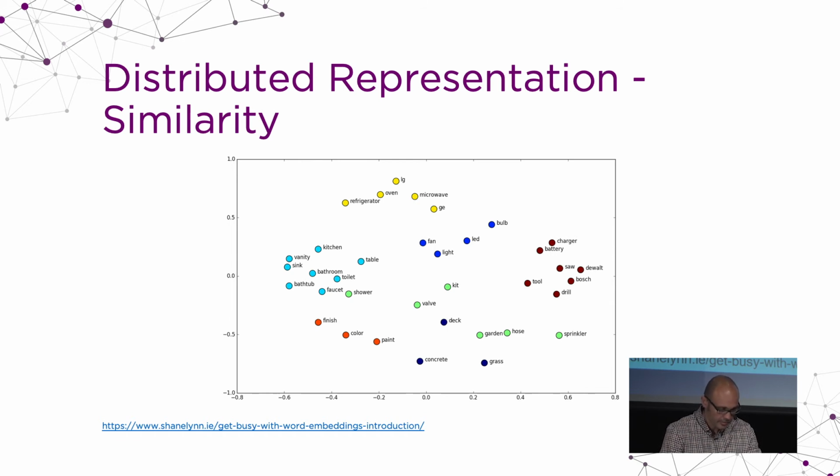Here you can see that I have a bath tub, a bathroom, so tools that I can find in the bathroom. And yes, it is not perfect, but you can see how this representation is much more informative compared to before. So here you see how semantically similar words tend to be represented close together in this space.